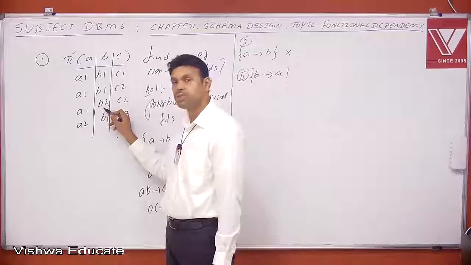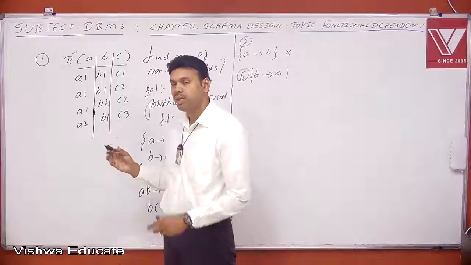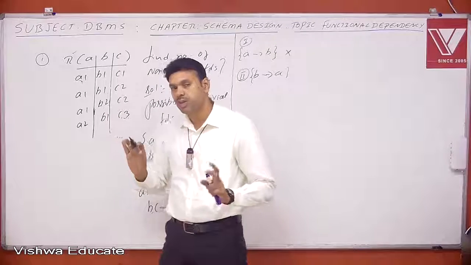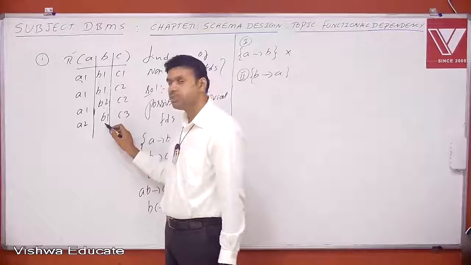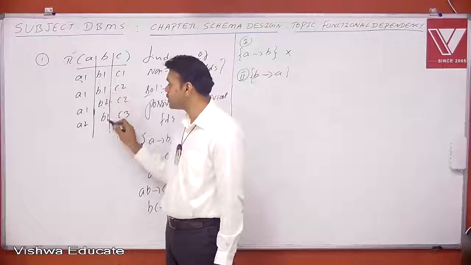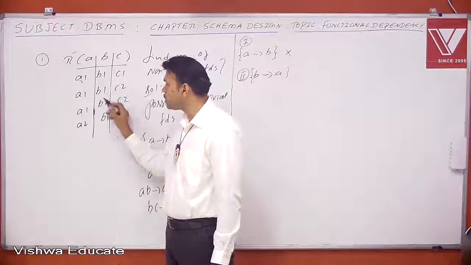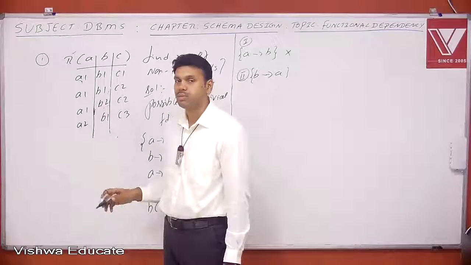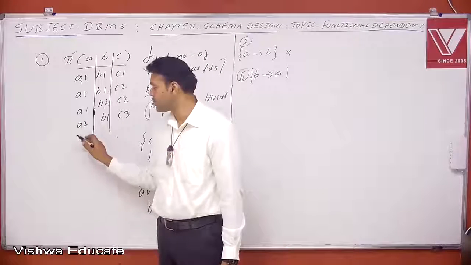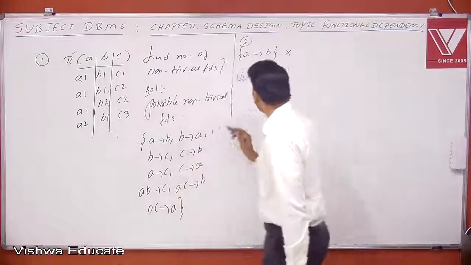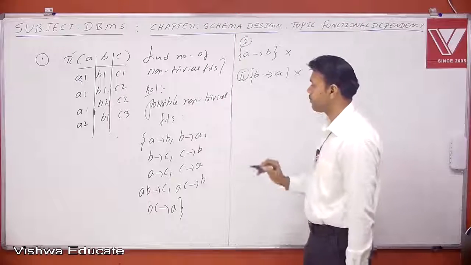Then the next one, B2 is unique. Whenever alpha is unique, you don't mind about the beta value. Then B1 is redundant again, so A1 has to come. Is A1 arrived? No, it is given A2. And this is also wrong.